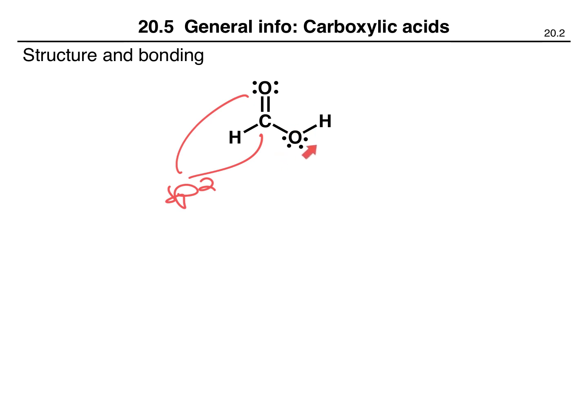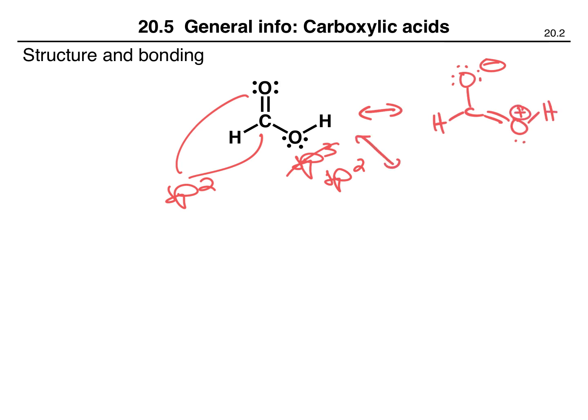Normally, looking at our oxygen connected to 4 groups, we would assume that would be sp3 hybridized, but if instead this is sp2 hybridized, then there is a p orbital which can be in conjugation with the carbonyl. And so we can draw another resonance structure that looks like this.